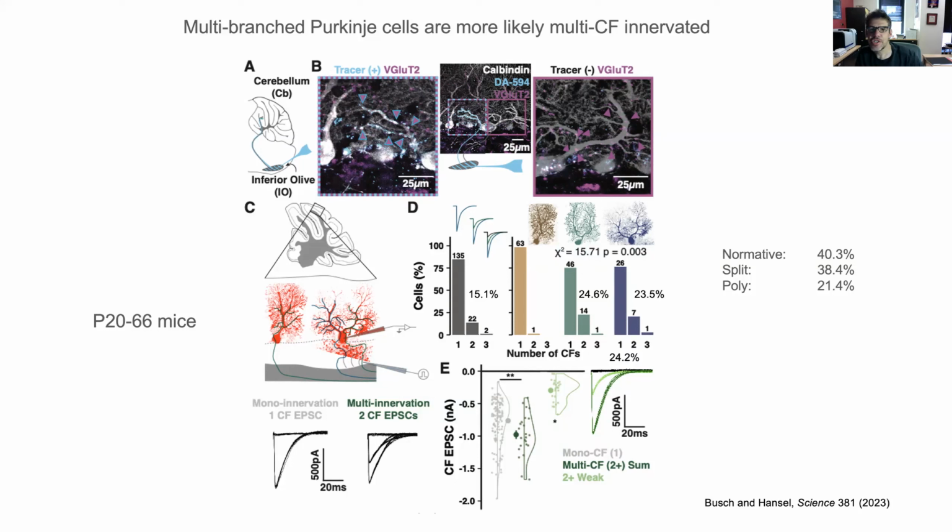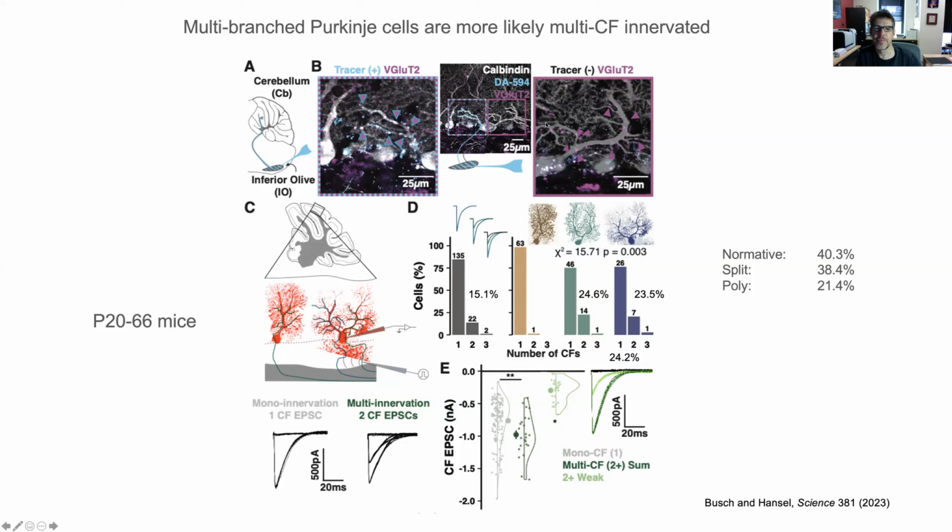And to have, in addition, a totally independent, non-quantitative method, we went for a proof of principle method, that is immunostaining. We stained for VGLUT2 to mark the climbing fiber terminals and injected a dextran tracer into the inferior olive. The idea is that all climbing fiber terminals would be marked by VGLUT2, but the tracer in the inferior olive would only be taken up by some and not all climbing fibers.